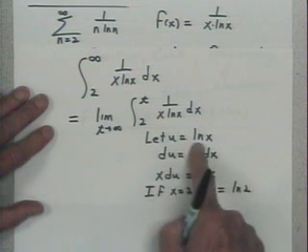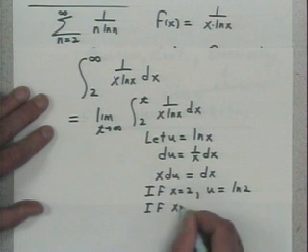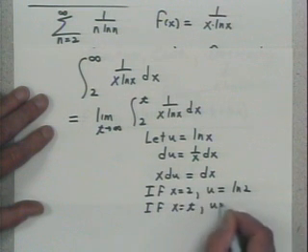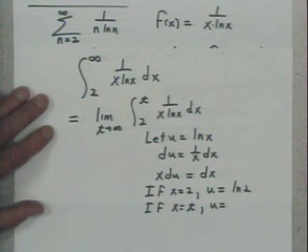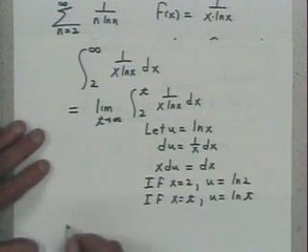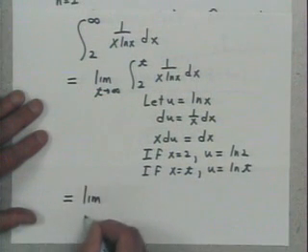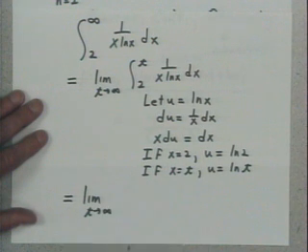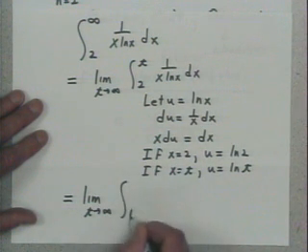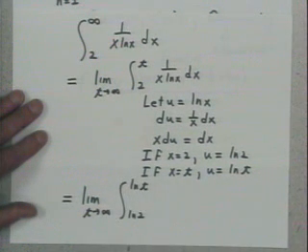Just look right here. And if x equals t, what does u become? Yep, natural log of t. So this integral becomes the limit as t approaches infinity of the integral from natural log of 2 to natural log of t. And now let's do our substitution.